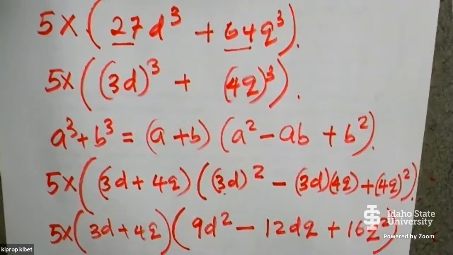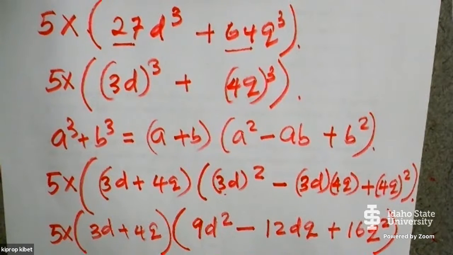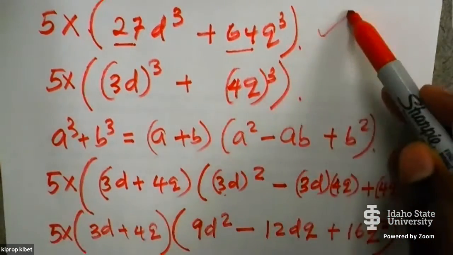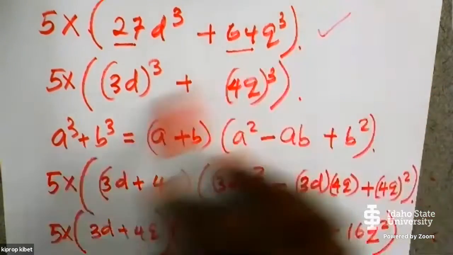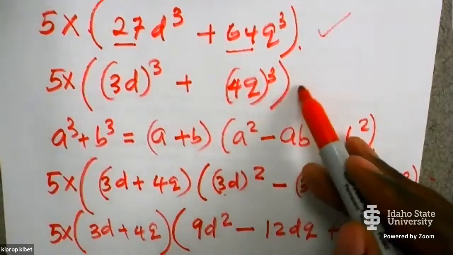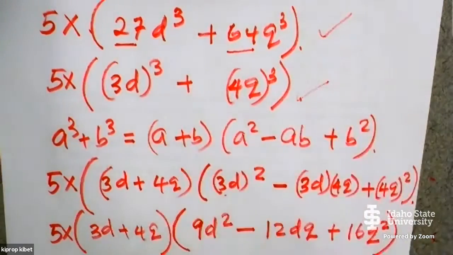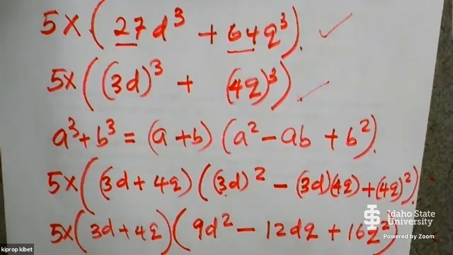When you go stepwise, the first step you do something like this, then you go to the next step. Before you go to the next step, you need to have done something. By the end of it, you are done. You get your answer.